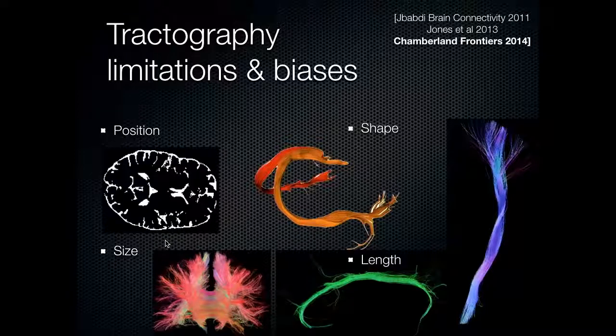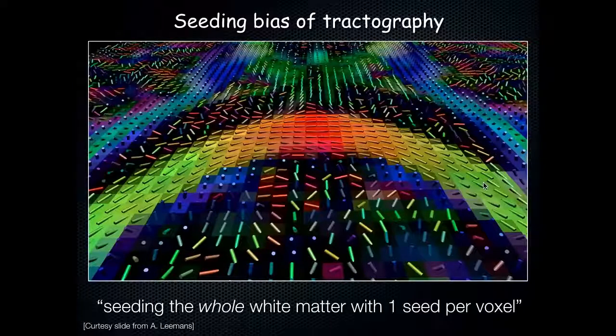Tractography is easy in some locations and hard in others, yet our parameters are set for the whole brain. Shape is important: big bundles, curving bundles, straight bundles, or short curving bundles have different difficulty. It's harder to track a structure like this than a straight structure like this.